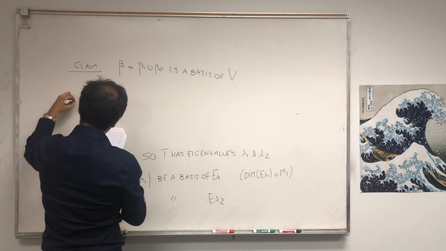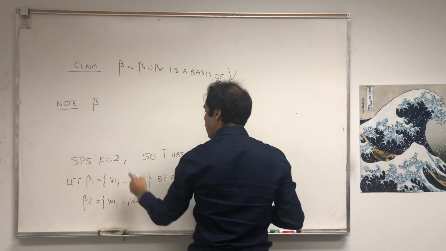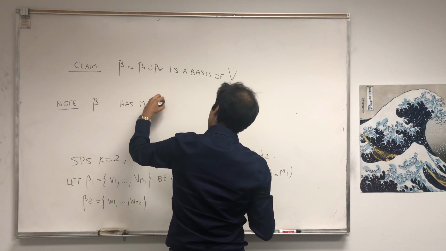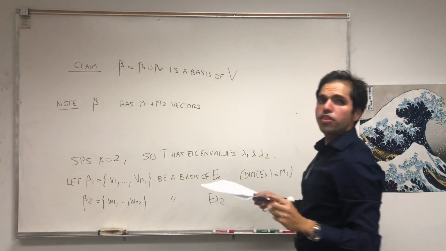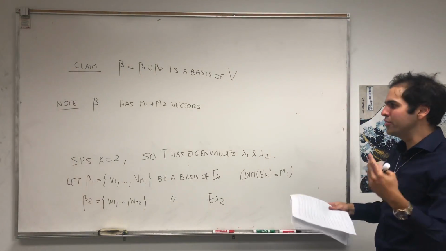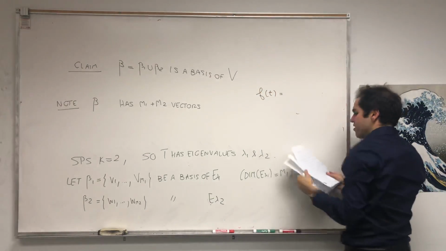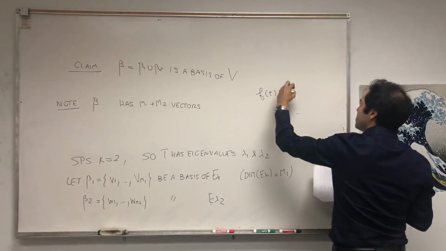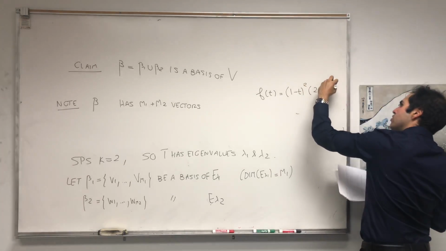So note, beta, how many vectors does it have? Well, M1 plus M2 vectors. And here's the cool thing. If you add up the multiplicities of all the eigenvalues, you actually get the dimension of the space. Remember we had, for example, the characteristic polynomial (1 minus t) squared times (2 minus t) to the 1.